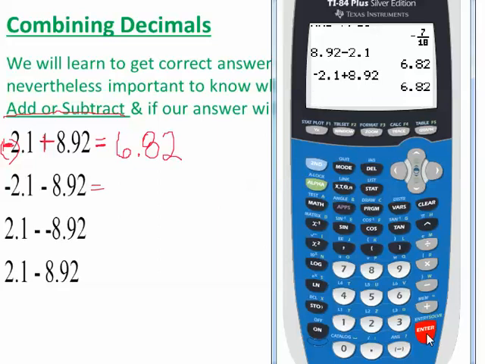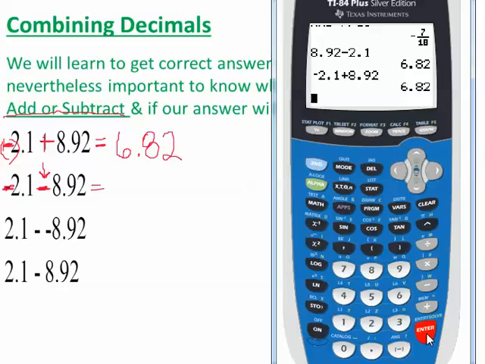Let's look at this one, negative 2.1. I know that you would say that looks like subtraction. The way I think of it is there is a negative sign in front of the number, and therefore that number is negative. When we have two negative numbers, you owe two people. You don't have any money, and you need to add together that debt. So when I have two positives, I add and get a positive.